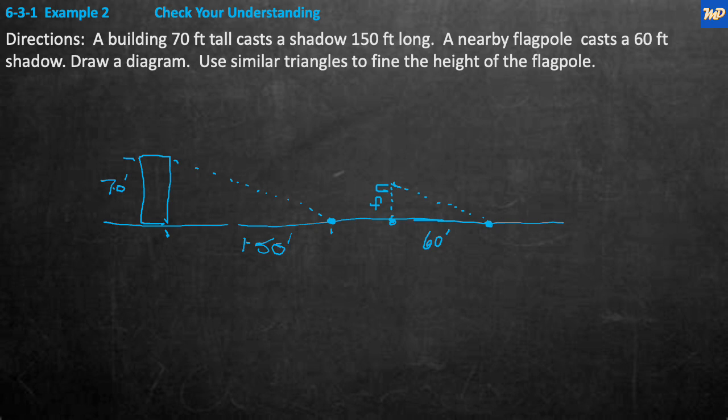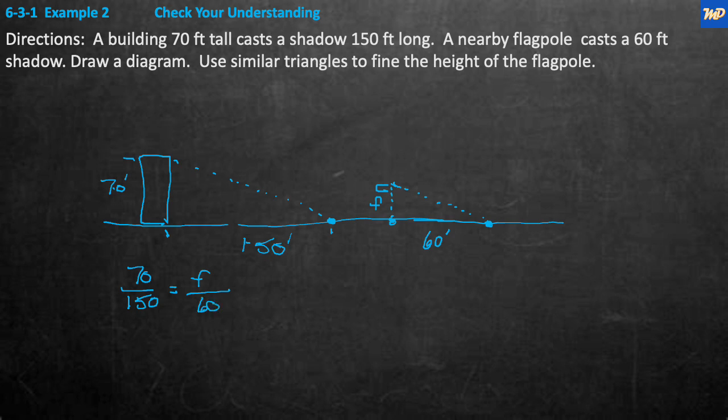They're similar, so we're going to use the same proportions. So 70 divided by 150 is equal to F, the flagpole height, which corresponds to the building height, and the flagpole's shadow length, which is 60 feet.